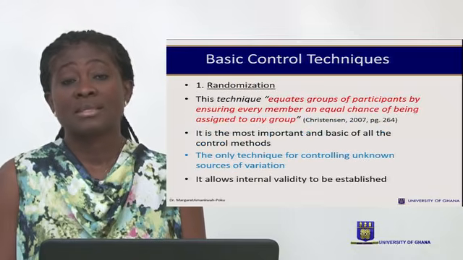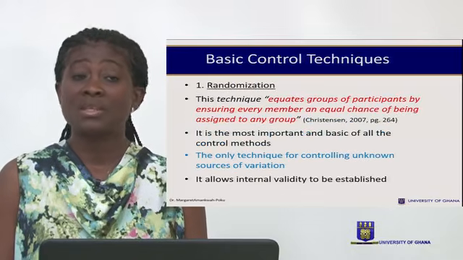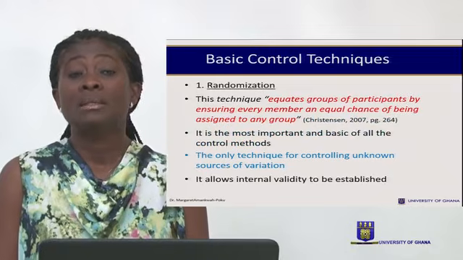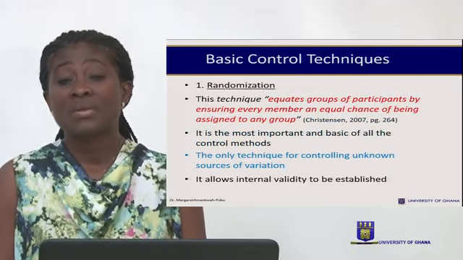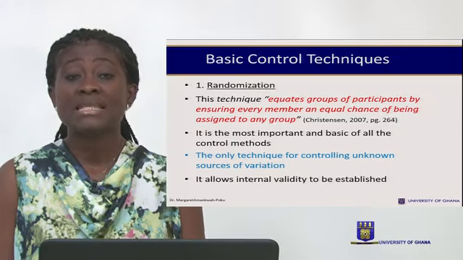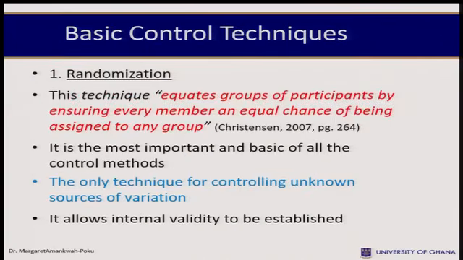So the first one is randomization. I've mentioned this as I've gone along in some of the sections. According to Christensen 2007, this technique equates groups of participants by ensuring every member has an equal chance of being assigned to any group that is involved in the experimentation.